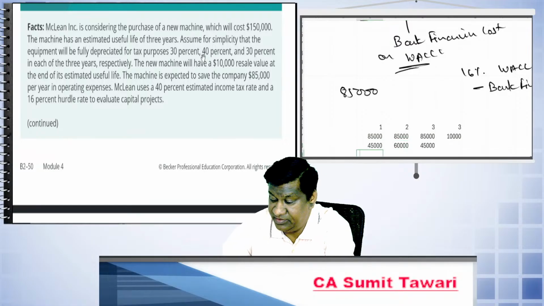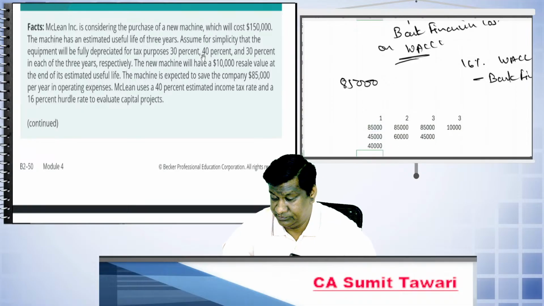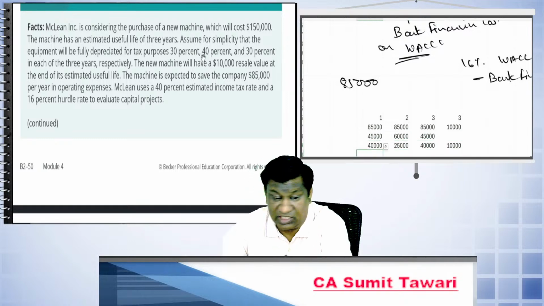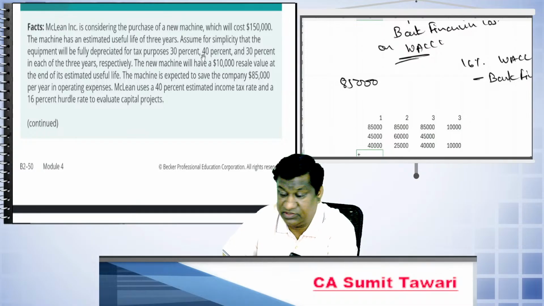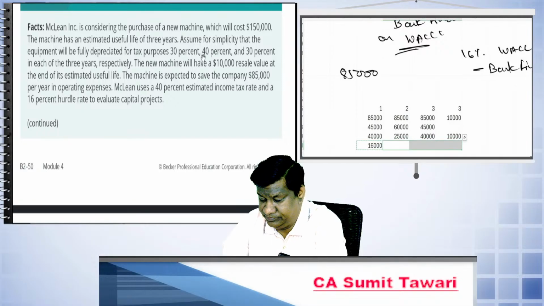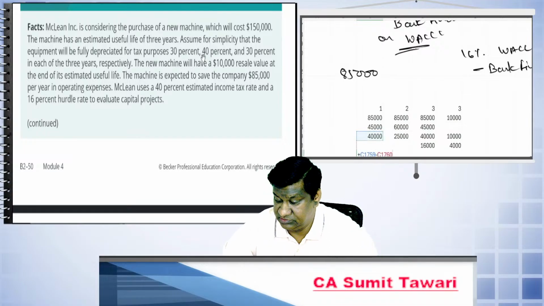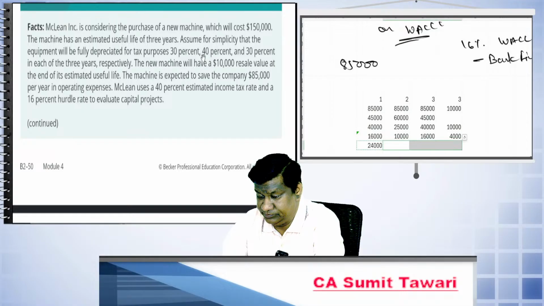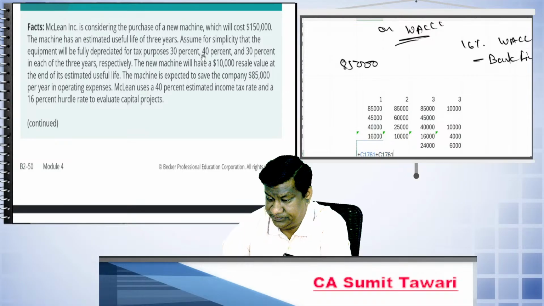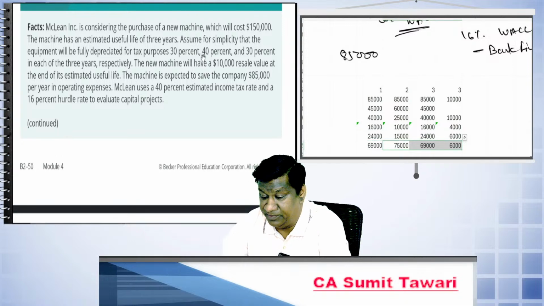Then my taxable income again is this, and then I need to charge 40% income tax, 0.4. Post-tax cash flow is this minus this, then add back depreciation. And then I need to apply the discounting factor.